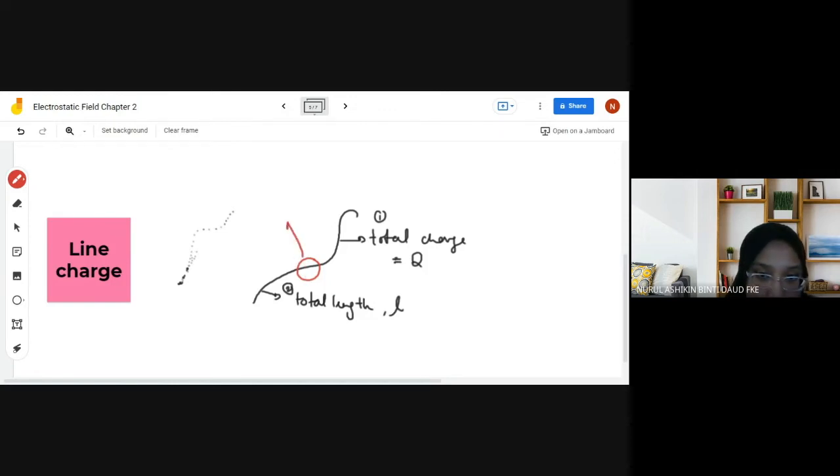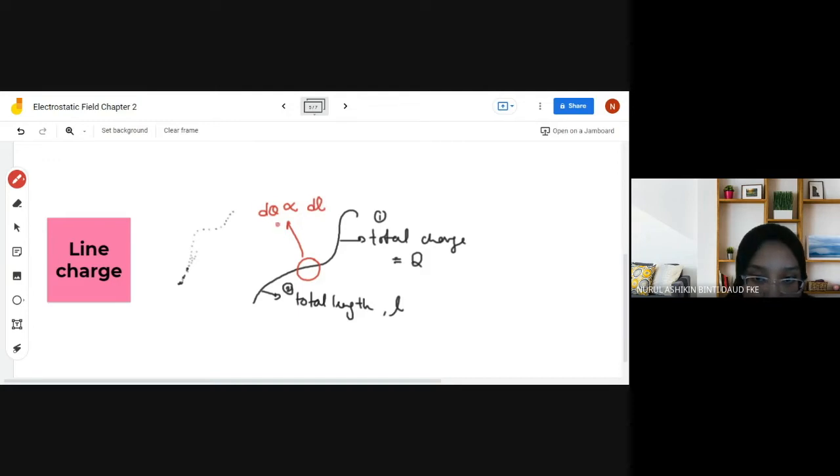It will be dq proportional to dl. What does that mean? It means that a small amount of charge is proportional to the length of the line charge.